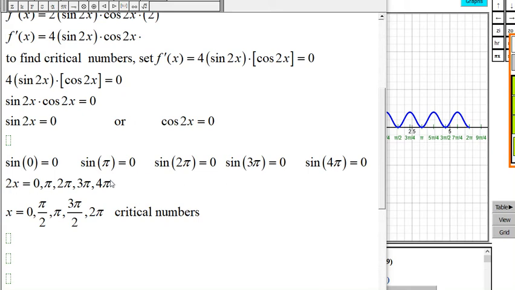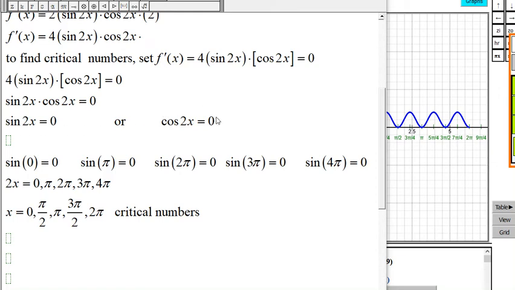Divide both sides by 2, and so we get x: 0 divided by 2 is 0, pi divided by 2 is pi over 2, 2 pi divided by 2 is pi, 3 pi divided by 2 is 3 pi over 2, and 4 pi divided by 2 is 2 pi. So these are the critical numbers coming from this equation.